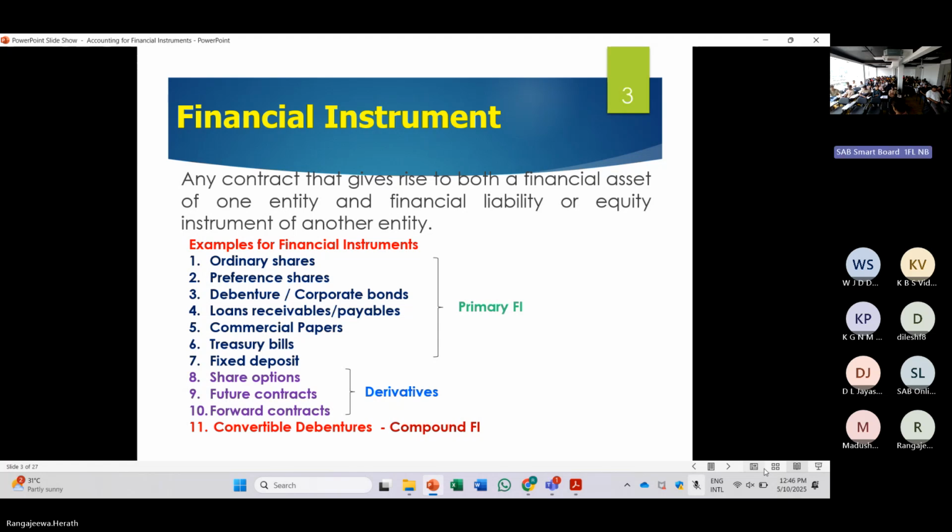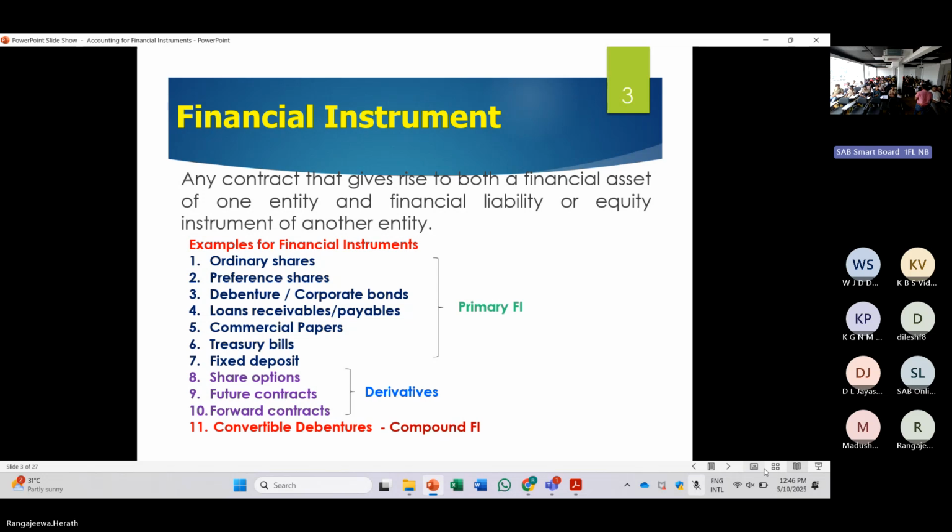Debenture, another name corporate bond, is a financial liability. Loan. Now, when a bank grants a loan, from the bank's point of view, is it a financial asset, financial liability, or equity? When a bank gives a loan, from the bank's side it is an asset, right?